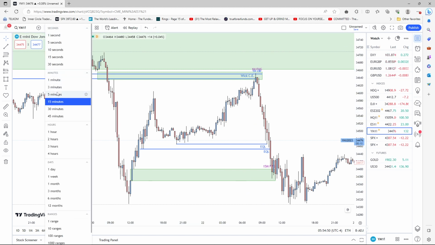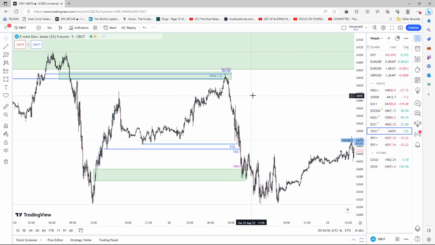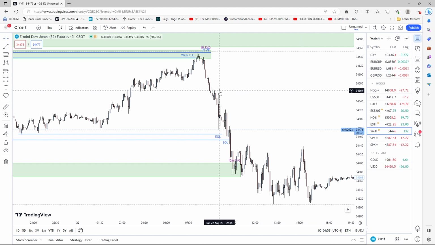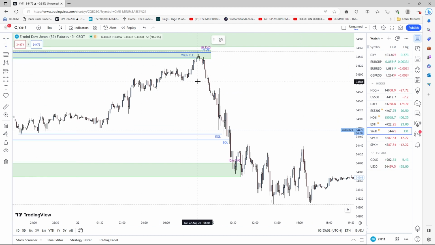So let's then work it down into a 5-minute. Let's look at what's going on over there. Again, we shall look at the 10 to 11 time frame, and we can see what price will offer us on this specific day.